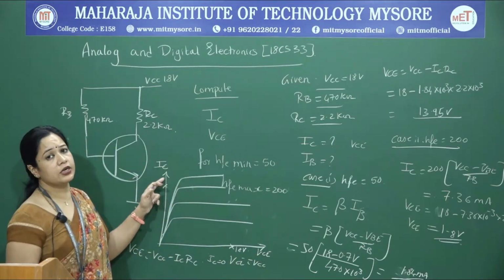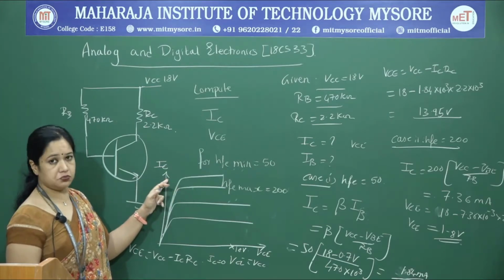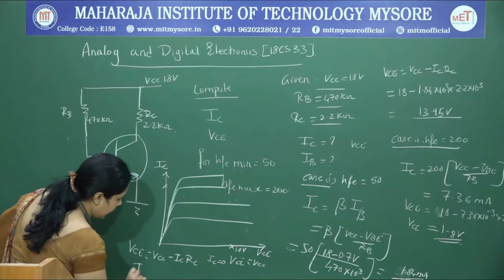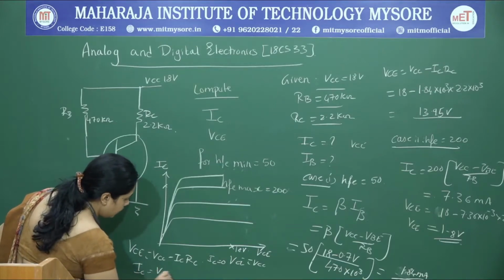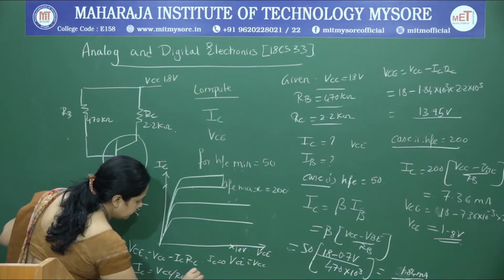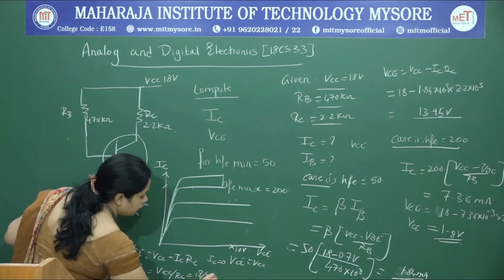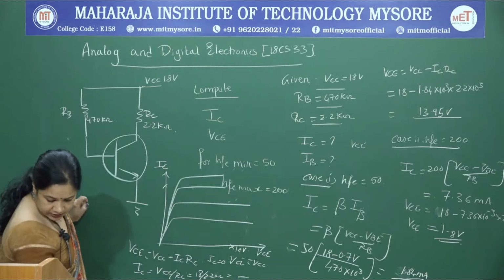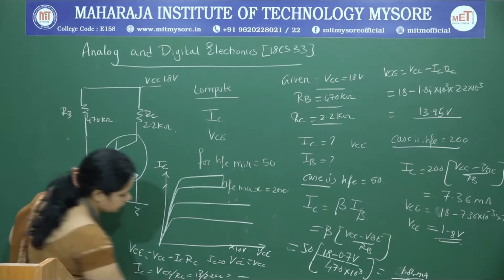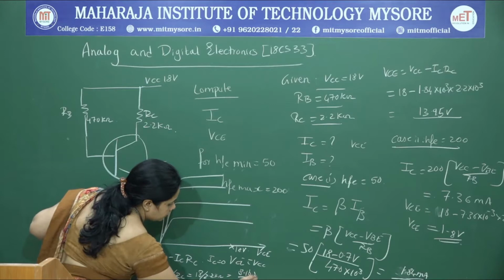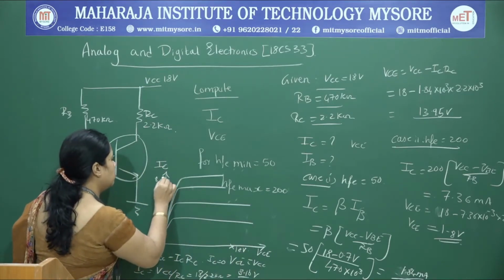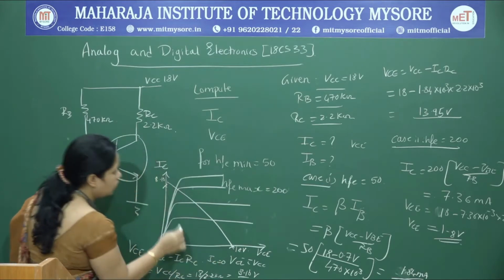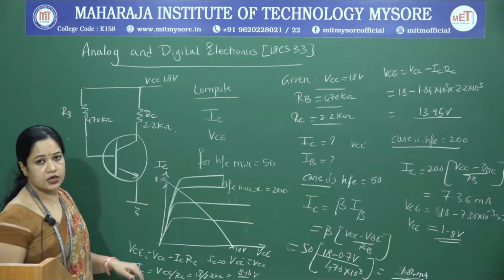Similarly, for a point on the y axis, I substitute VCE equal to 0, and accordingly IC becomes VCC by RC, which is 18 by 2.2 kilo ohms, which is 8.18 milliamps. The line connecting these two points on the output characteristics we call the load line.